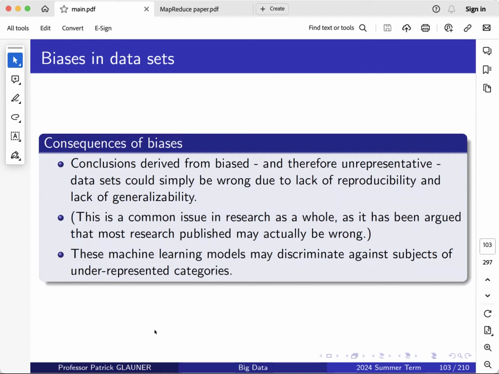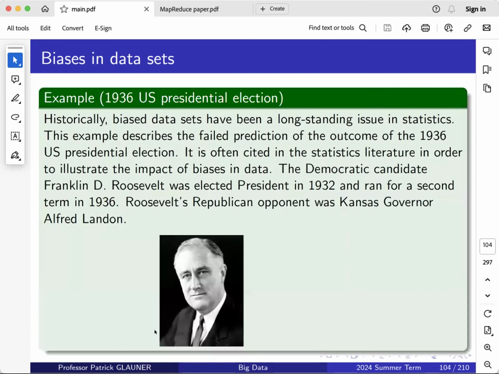I'm not making the claim that most published research may actually be wrong, but if your data set is biased, you're obviously making biased conclusions from the data. So in machine learning, this may mean that models may discriminate against someone, or someone may not be getting what he or she could be entitled to, especially underrepresented categories.